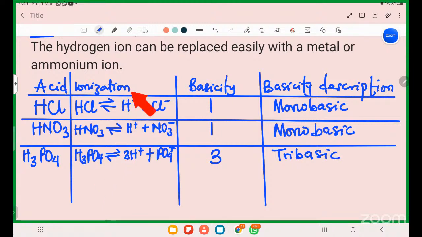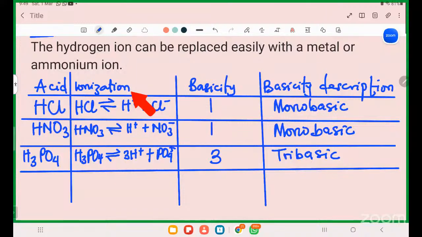So another example is your sulfuric acid, that is tetraoxosulfate(VI) acid, which is H2SO4. It also ionizes to give you 2H positive plus SO4 2 minus.